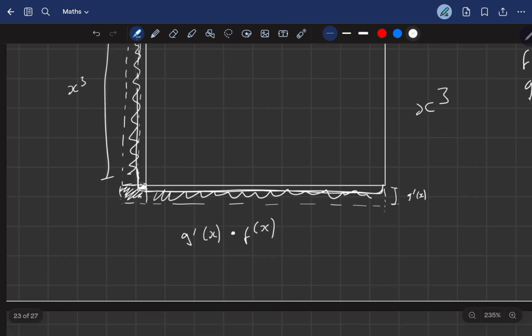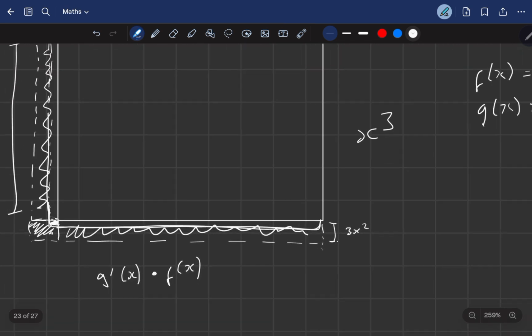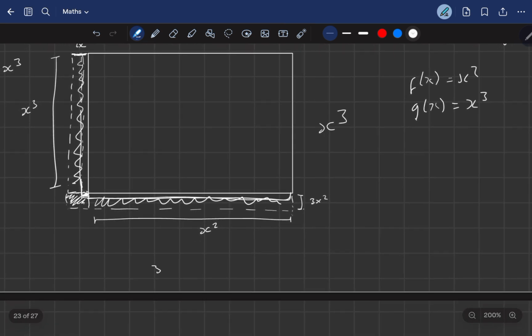What about here? What is the change in x cubed for a small change in x? It's just the derivative of x cubed, which is 3x squared. So the height is 3x squared, and the width is x squared. So this area is 3x squared times x squared.